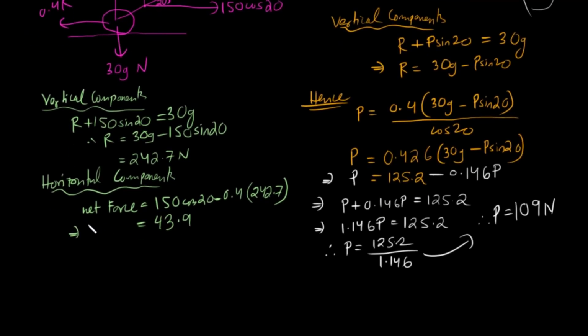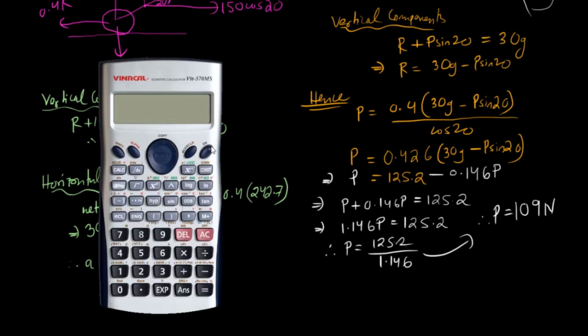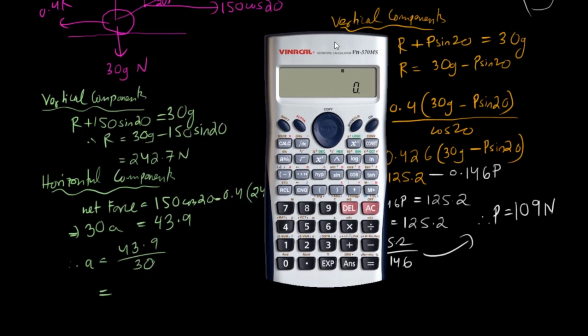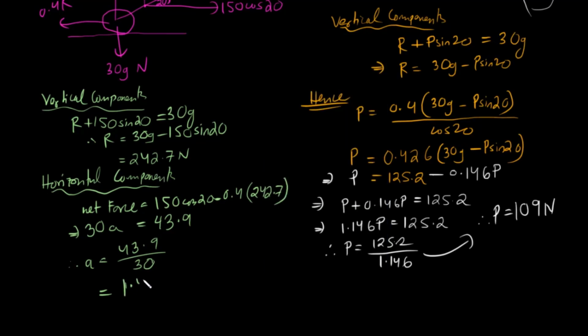We know net force equals mass times acceleration. Mass is 30 kg, acceleration is a. Therefore a is 43.9 divided by 30, so 1.46 meters per second squared.